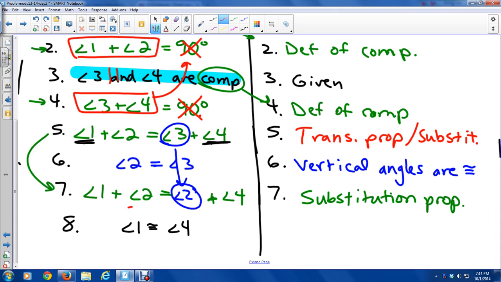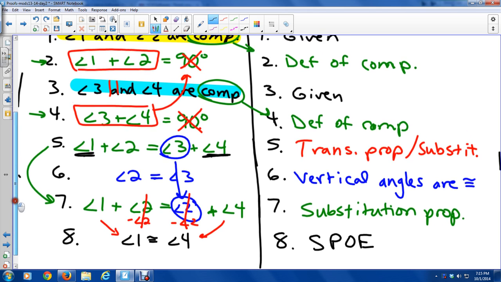From here, it's a little easier to see, hey, I subtracted angle 2 from both sides, cancels there, cancels there. I'm left with angle 1 on the left, angle 4 on the right. Angle 1 is congruent to angle 4. That was what I was asked to prove. Final reason, SPO, abbreviation for subtraction property of equality. There's a quick example on using complementary.